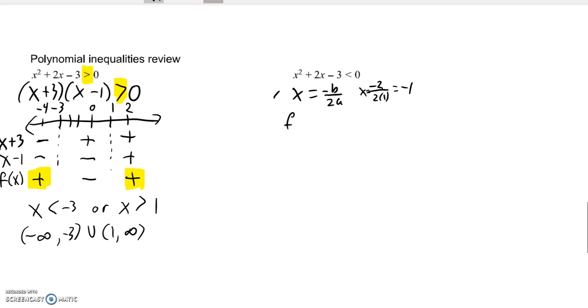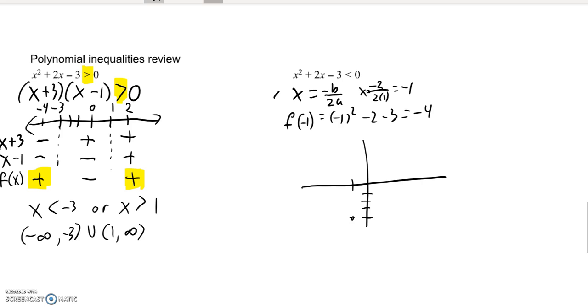Plugging that negative 1 in, f of negative 1 is negative 1 squared minus 2 minus 3, which is negative 4. So my vertex is at the point negative 1, negative 4. Going over 1, up 1, and over 1, up 3. Over 1, up 1, over 1, up 3.